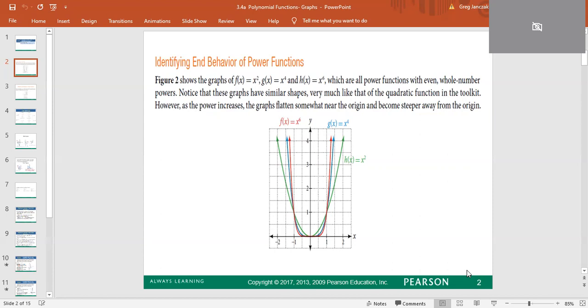It widens out at the top, but narrows at the bottom. X to the fourth, the blue one, widens out further on the bottom and narrows going toward the top. So there are similarities, but also differences. Mainly, near the vertex it tends to widen out as the exponent gets larger.